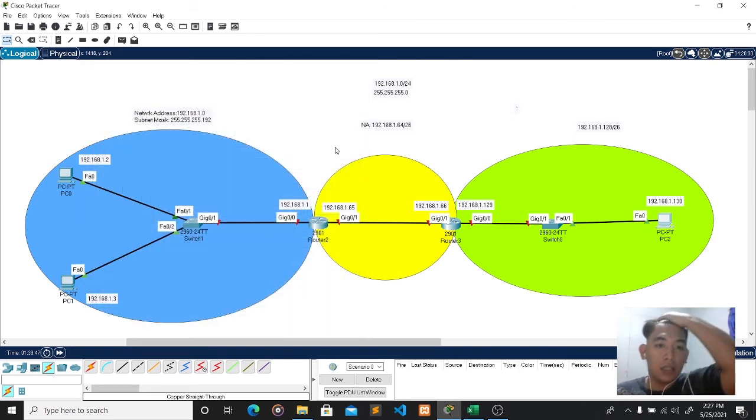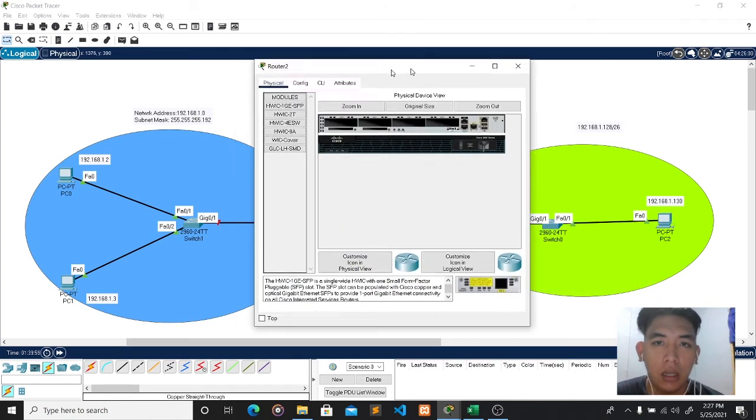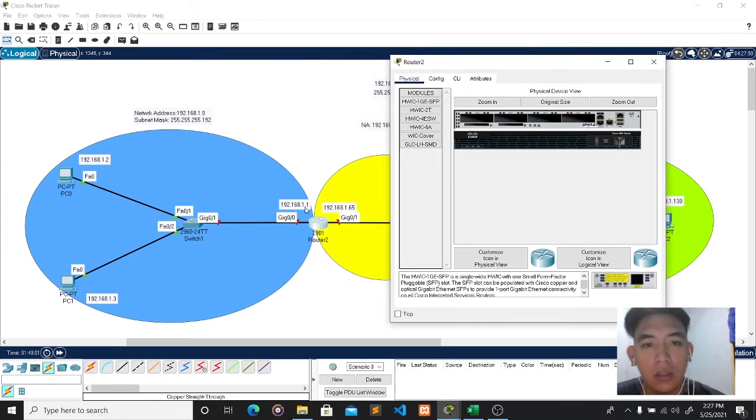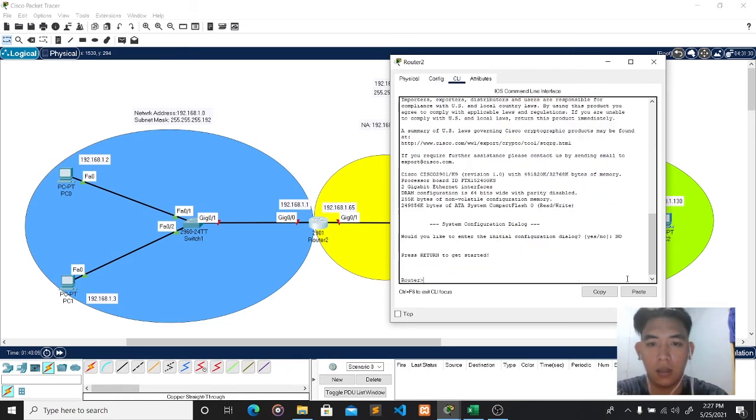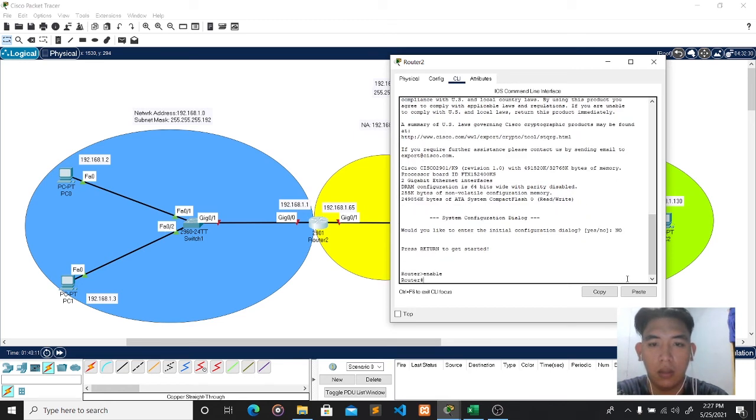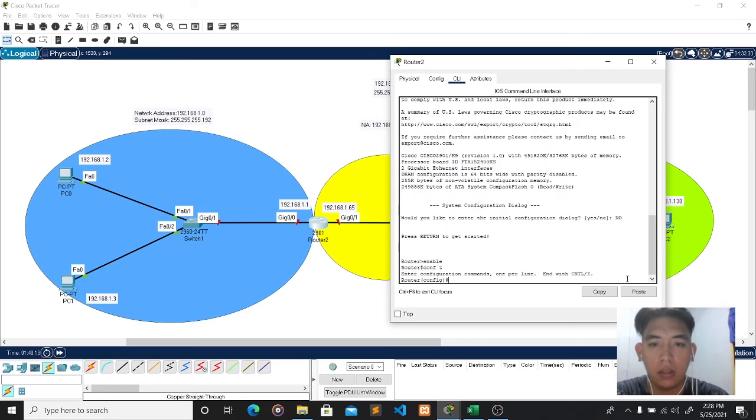Next naman natin lalagyan ng IP address yung router 2 dito sa blue na network. So ang nakalagay is 192.168.1.1. So CLI, enable, configure terminal.